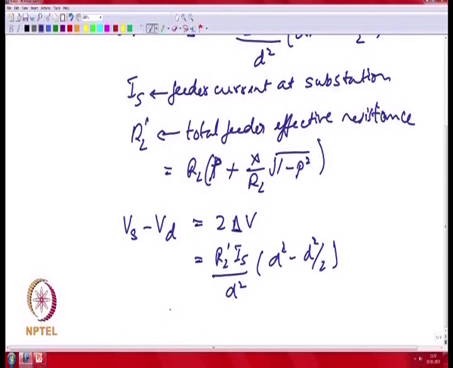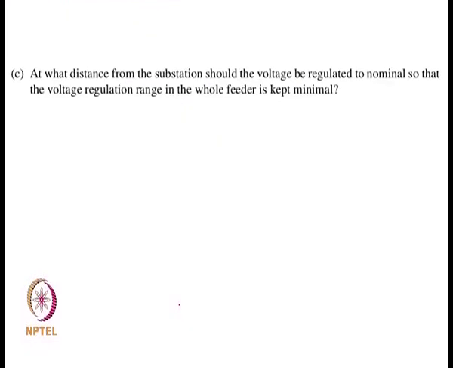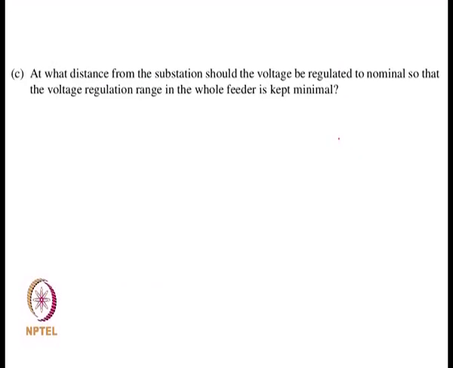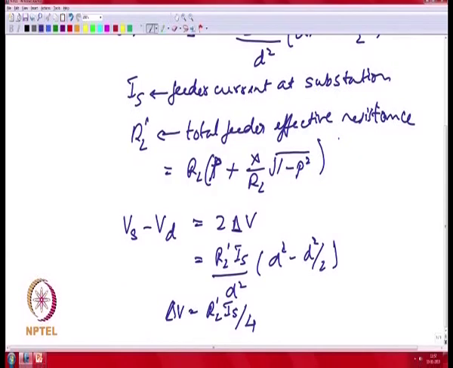So, our delta V is R L prime I s by 4. So, if we ensure that this delta V range is equal to that particular value, then your average user on the feeder will see voltage in the appropriate range.